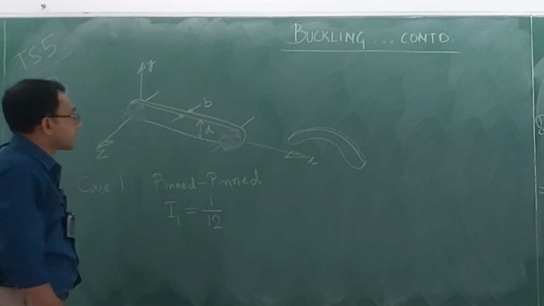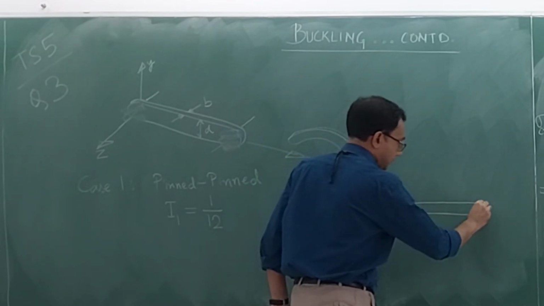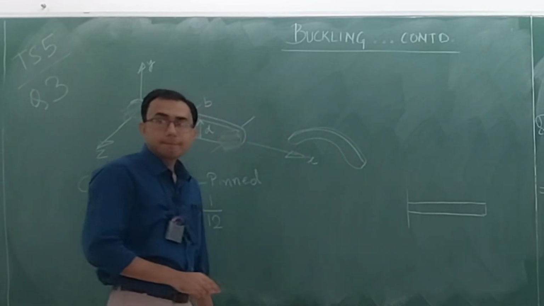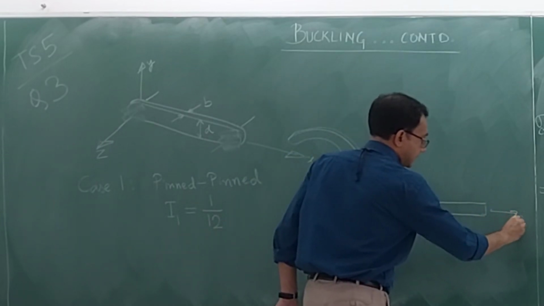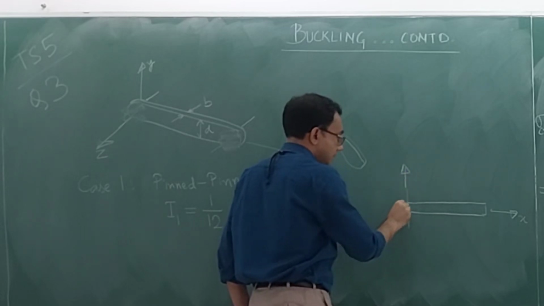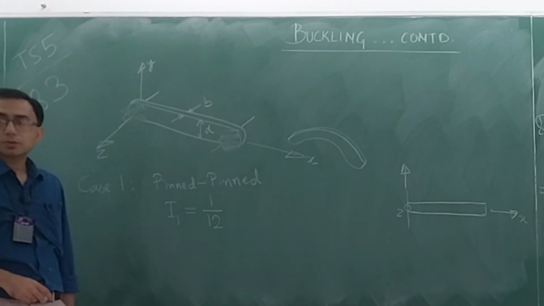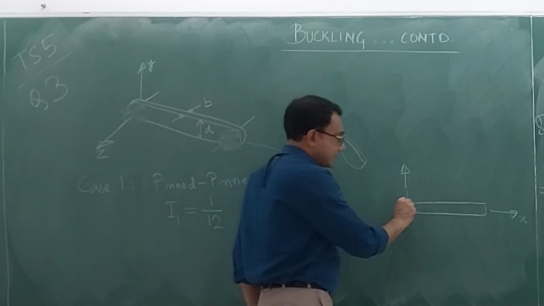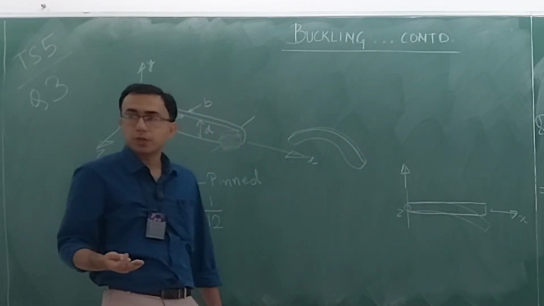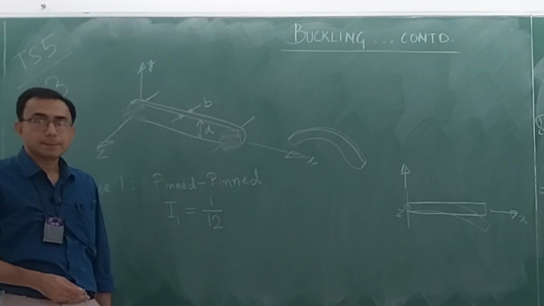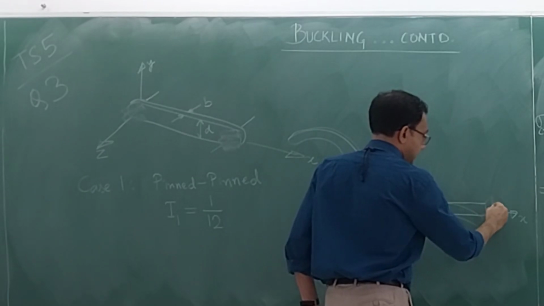So tell me one thing, that suppose you have a beam like this. Okay, you have a beam like this. We have the x-axis like this, we have the y-axis like this, and the z is coming out. Okay, and this thing is bending like this. This is our usual case which we have been doing time and again. So here the cross section is something like this, is it not?